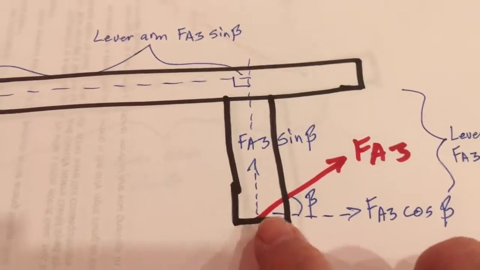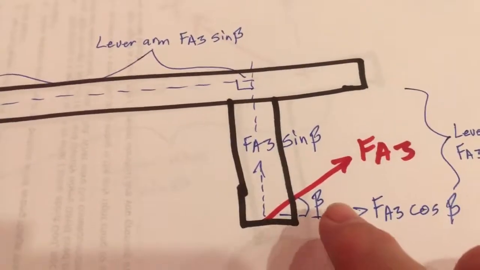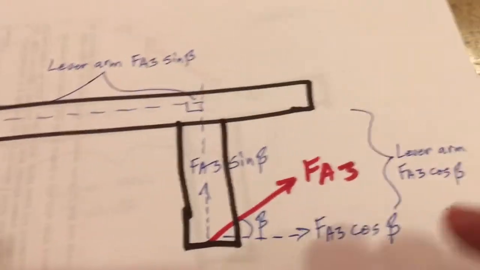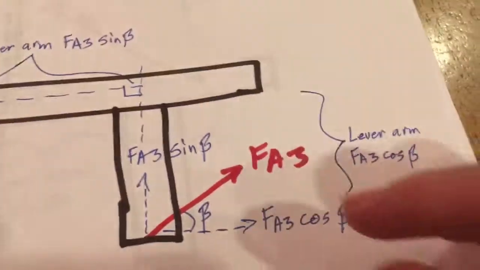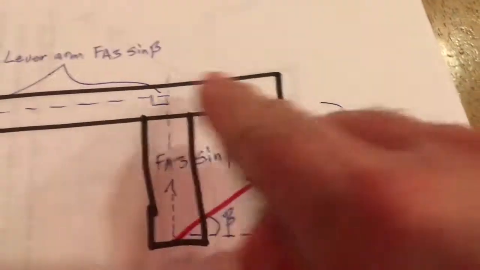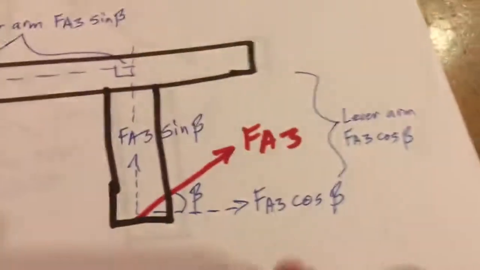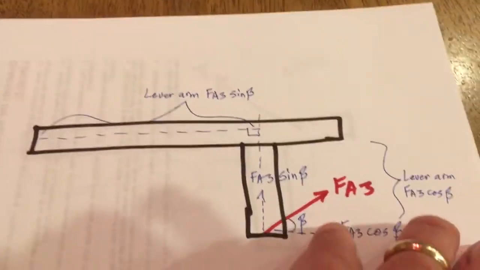And then the one in the x direction is pulling out this way. Now its lever arm is going to be this piece right here. And now because it's away from this arm here, that's the perpendicular distance for that force. All right, let me show you the next one.